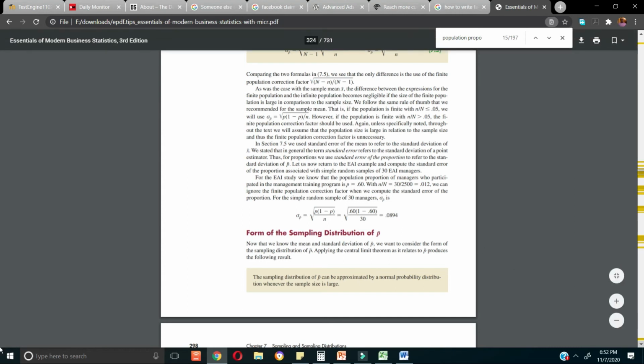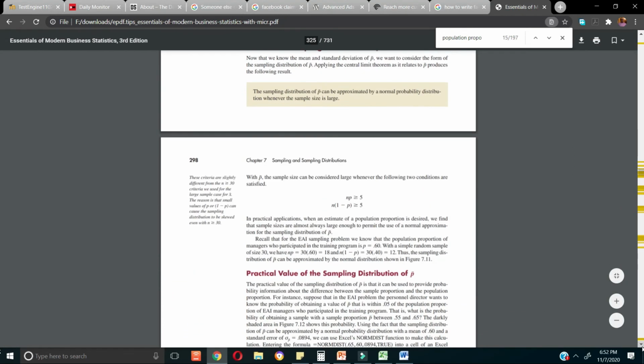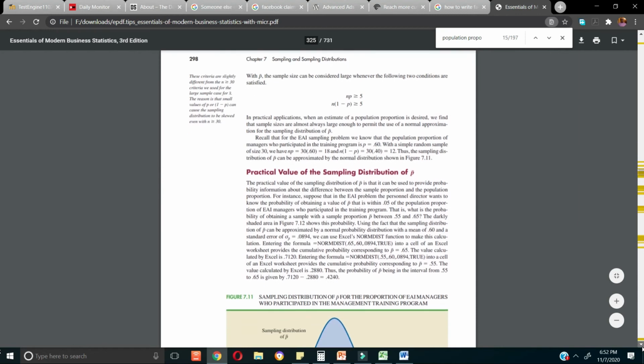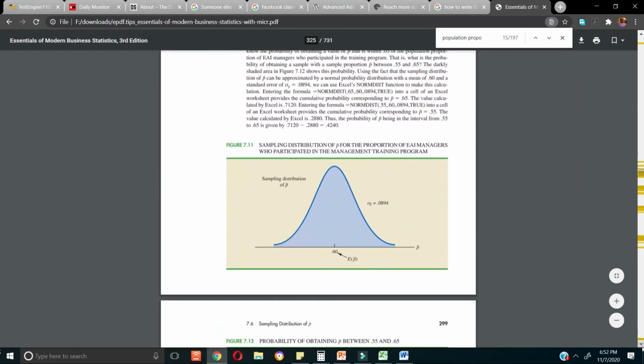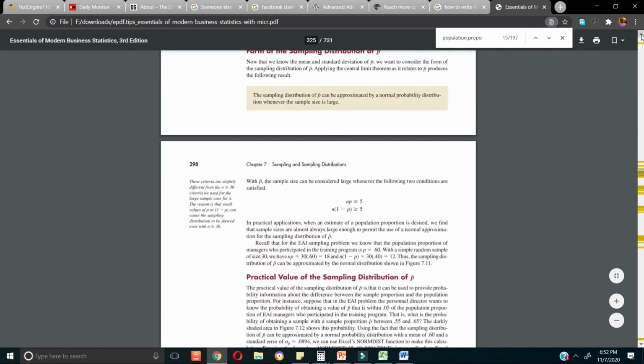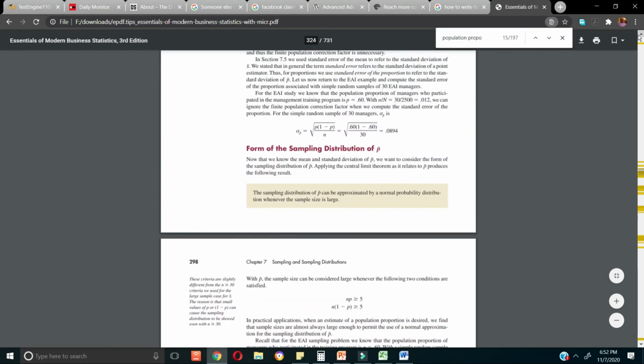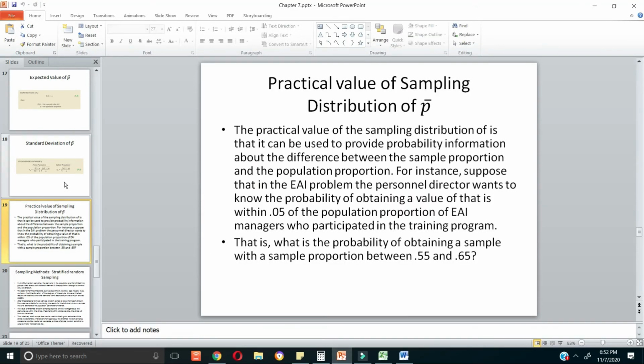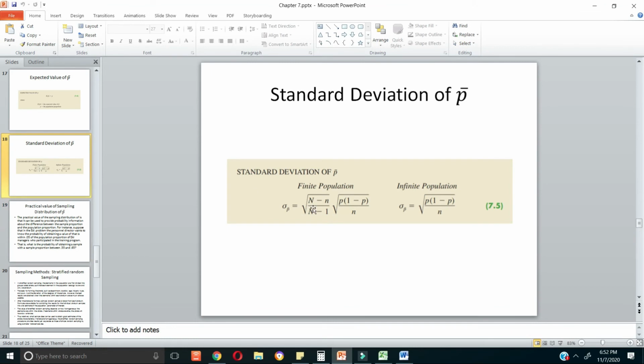That's what we have over there as the standard deviation. The other thing I forgot to talk about is that you're using the sample size of 30. If you use the sample size of 30, then we do not need the population correction factor, because the factor tends to 1. So we use this formula just like we did before.